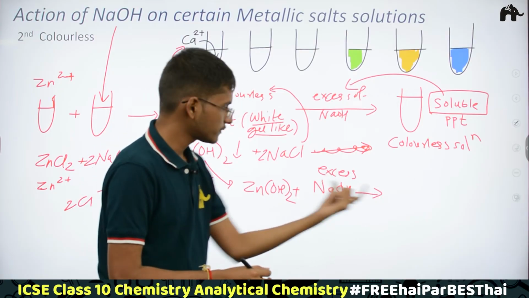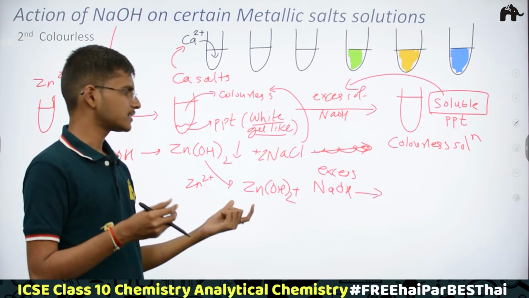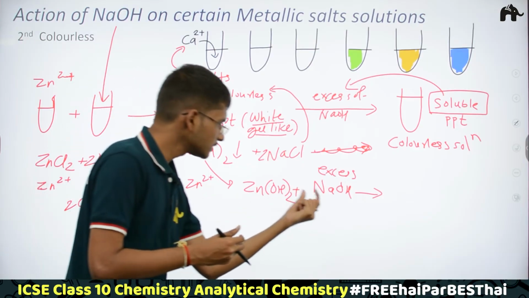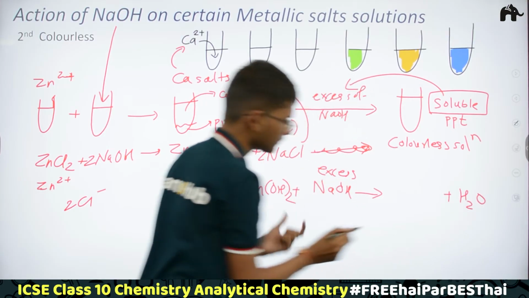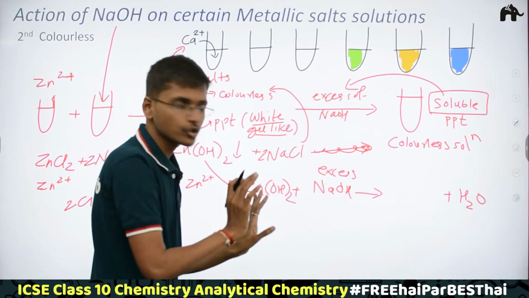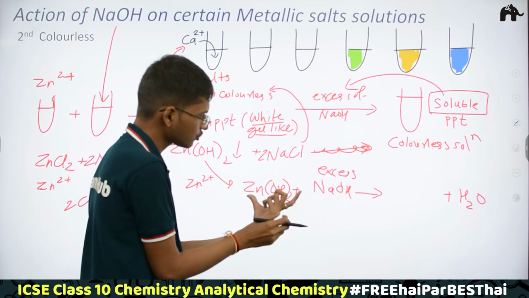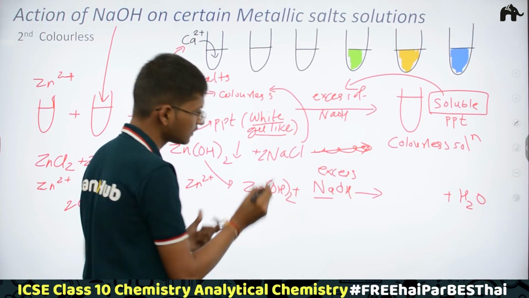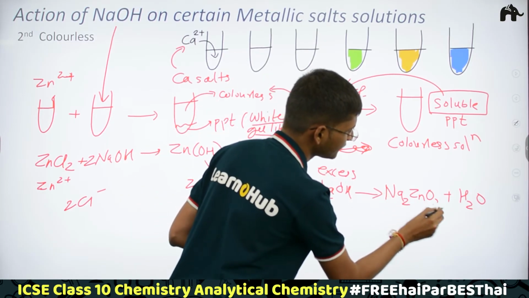So let's not make any suspense about the salt. First, water is getting formed, since we know that salt and water are going to be formed. So I have written water here, and what you have to remember is how the salt is formed. Sodium and zinc would form sodium zincate, Na2ZnO2.